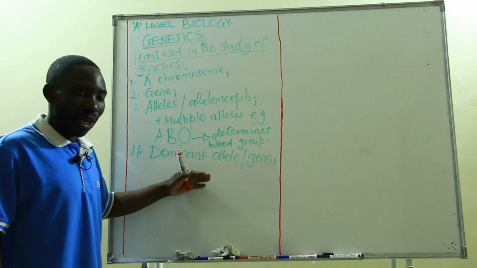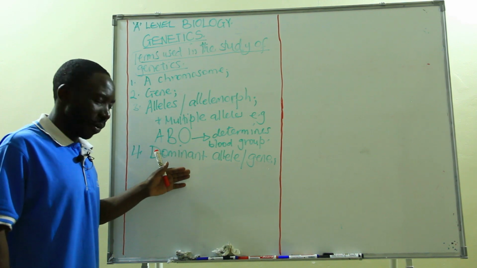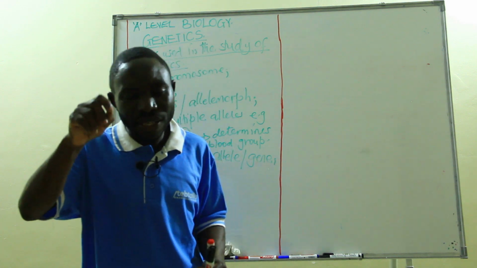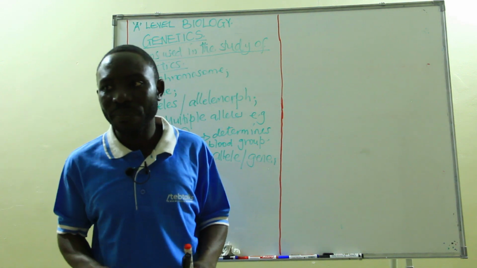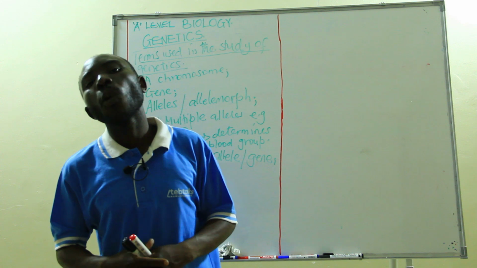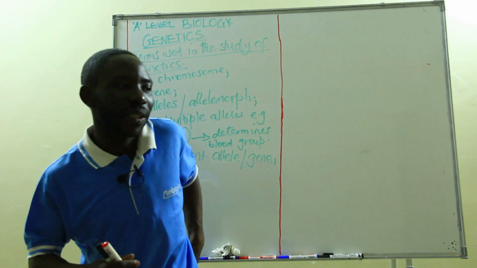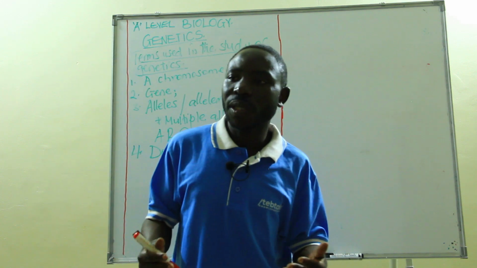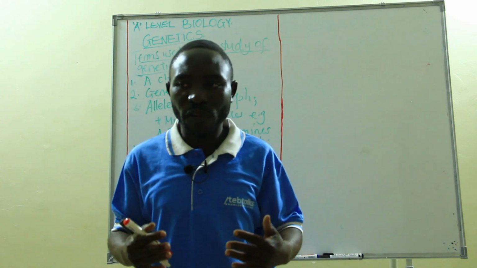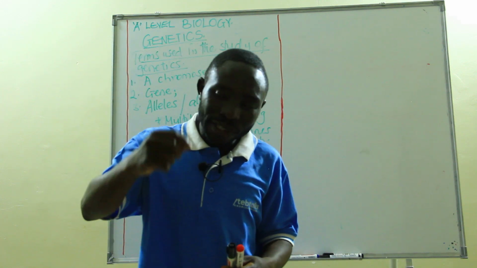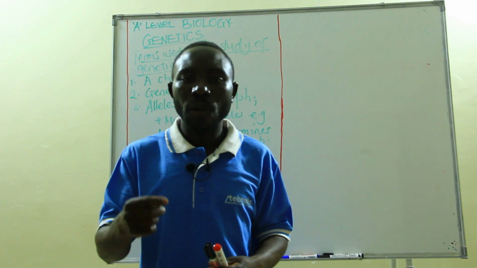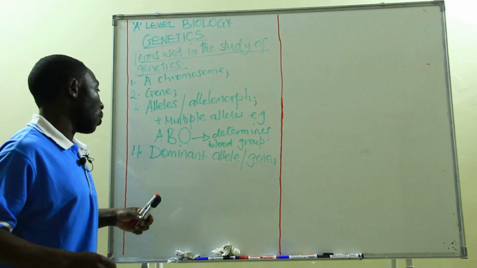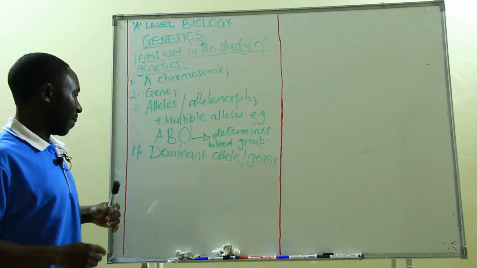A dominant allele is an allele or a gene whose effect can be seen in heterozygous state. Alternatively, we can define a dominant allele as an allele whose effect can be seen in the phenotype despite the presence of the alternative allele. That is what we call a dominant allele.